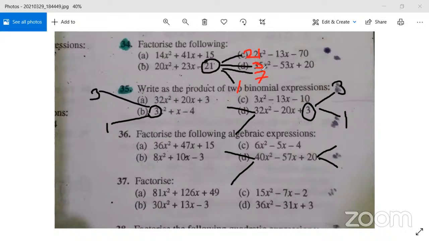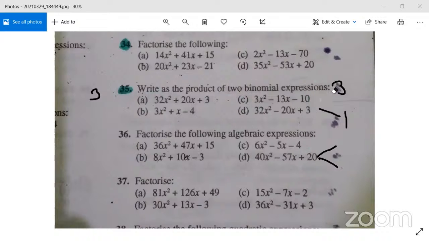Now, the 3 and the 7 are the prime factors of 21. So, it's important that we know the possibilities of the factors that we can get. And then prime factorization helps too.